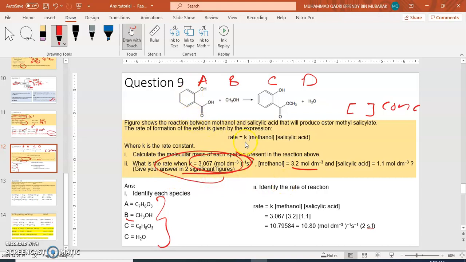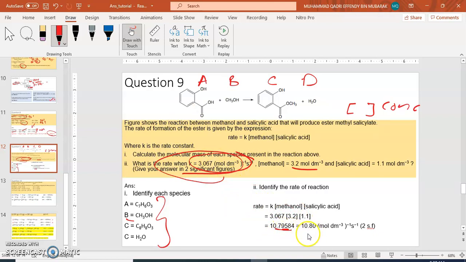First, we write the formula and then plug in all the numbers. So rate equals K. K is 3.067, the concentration of methanol is 3.2, and the concentration of salicylic acid is 1.1. We calculate it, and we will get 10.79584. Since the question asks us to write the answer in significant figures, we need to round off.